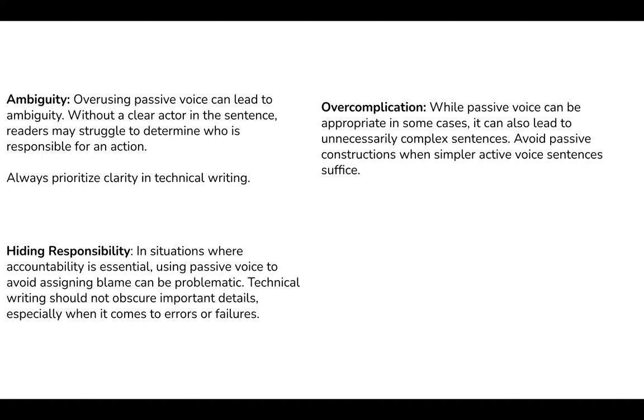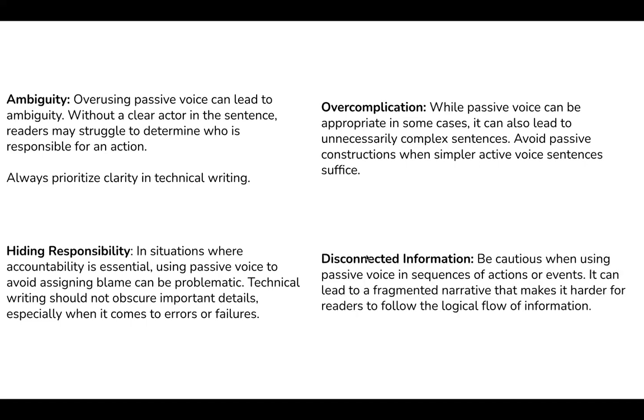This might be problematic in some cases. They might send it back, asking who those people are that made those errors, right? Technical writing should not obscure important details, especially when it comes to errors or failures, right? So when you don't want to hide responsibility, use active voice instead of passive voice.